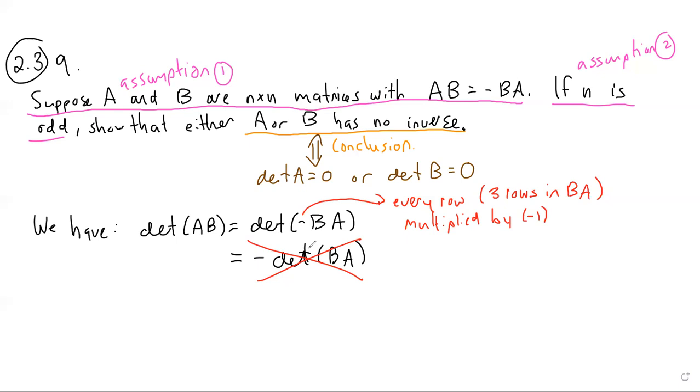So effectively this multiplies by -1 3 times. Oh, sorry, it's not 3, it's n rows. I should be careful with that. There are n rows in this matrix BA because they're both n by n. So we multiply by -1 n times, not 3, which is fixed. So what we'll get is -1 to the n times the determinant of BA.